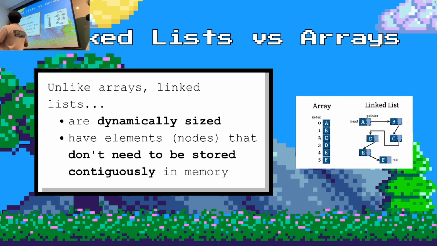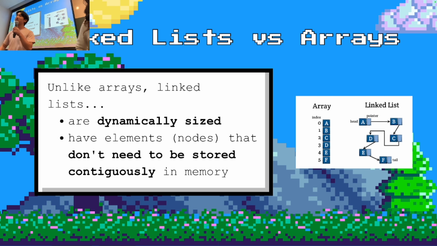Yeah. All right. Linked lists versus arrays. All right. Who can tell me what the difference is? Yep. And you need the address to connect each. Yeah, exactly. So linked lists, accessing each element, you can only access it through the previous element, whereas an array, you can access it from anywhere.